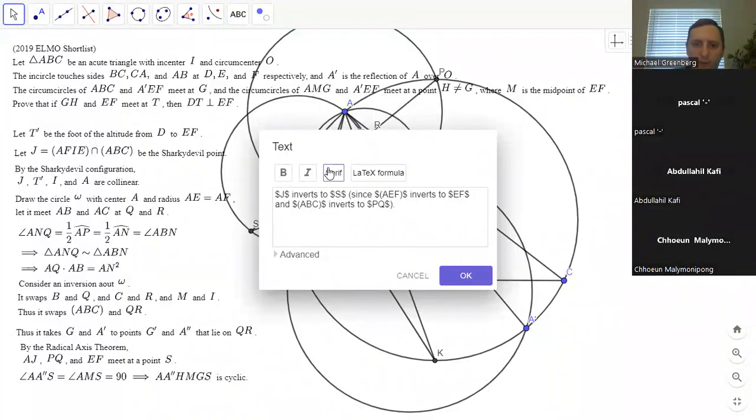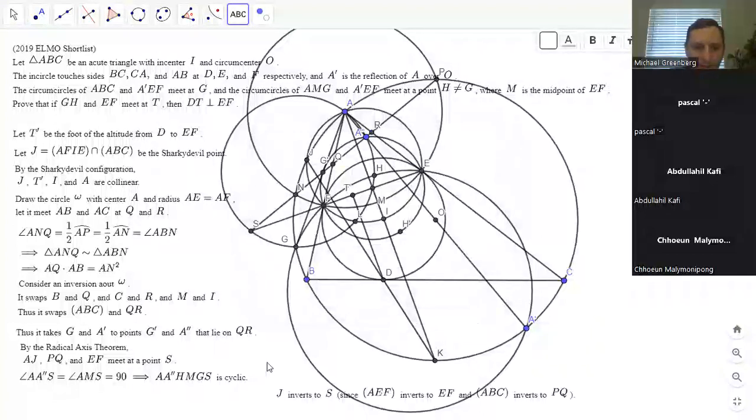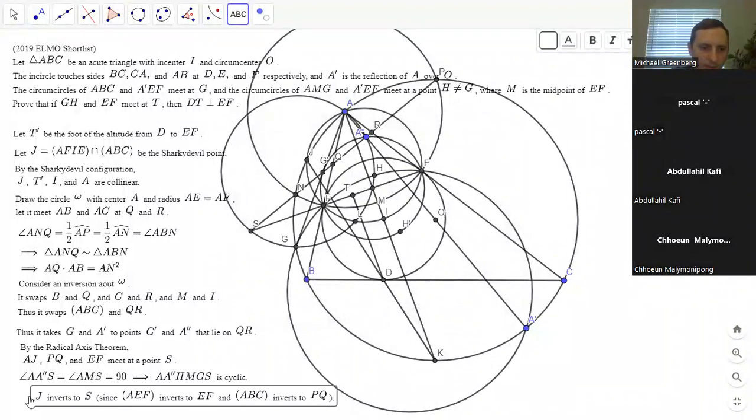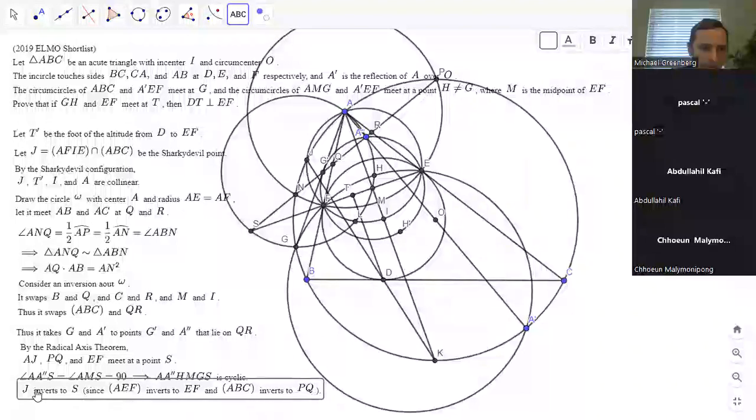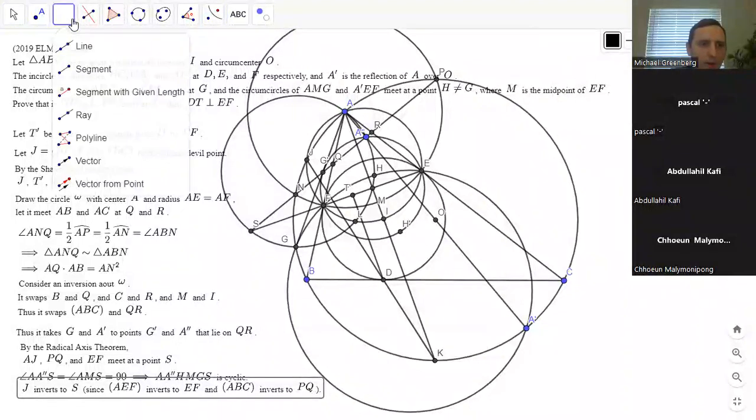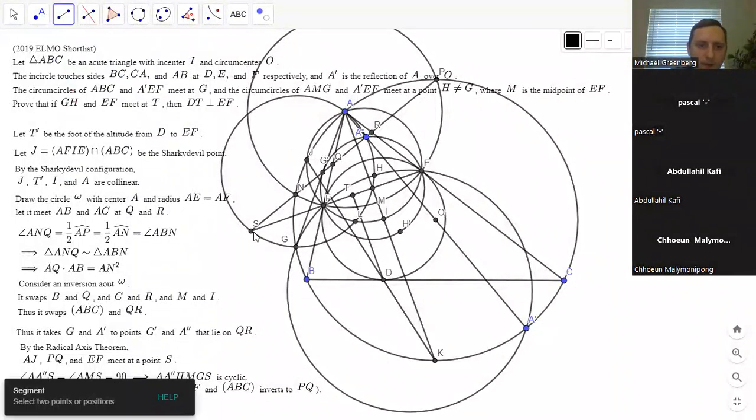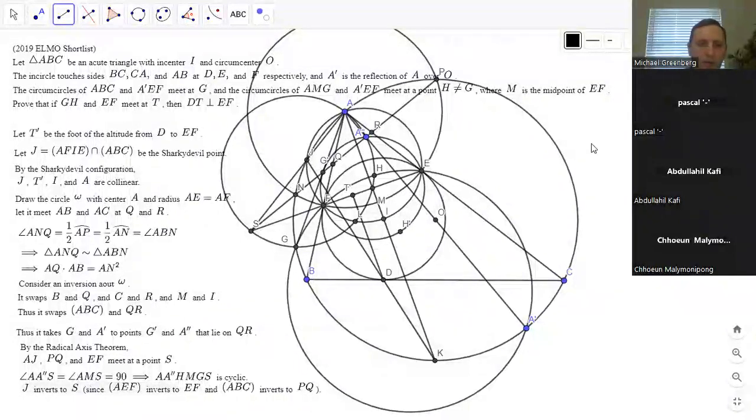And so I think we're really close here now. Because what did I have to do? I needed to show that JHIG is cyclic, which is equivalent to showing that SH prime G prime M is cyclic. Sorry, I probably got one of those points wrong.